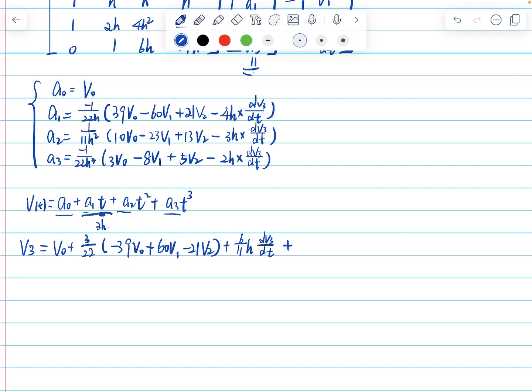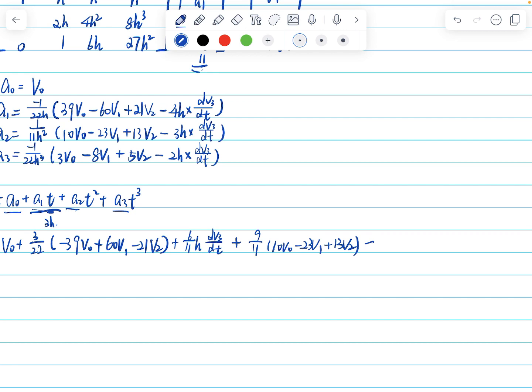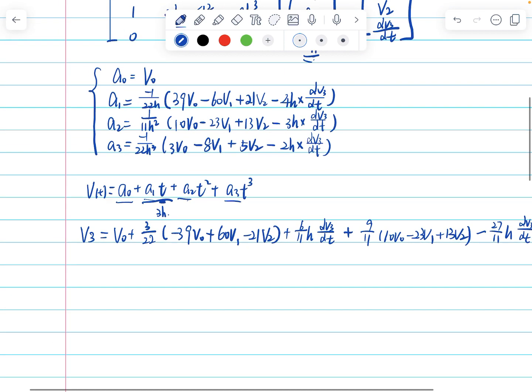And here we swap out A2, which is okay. And this is for dV/dt. And let's swap out A3. So A3 is this.